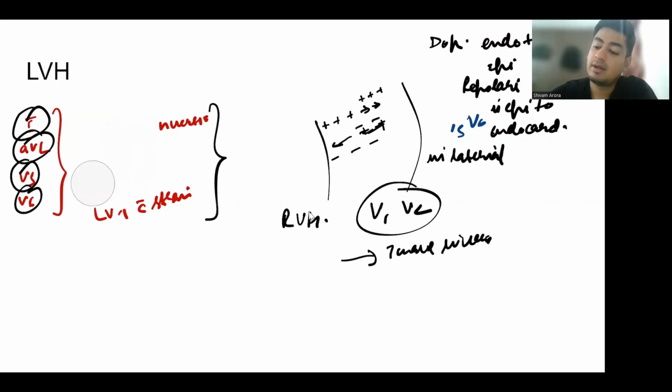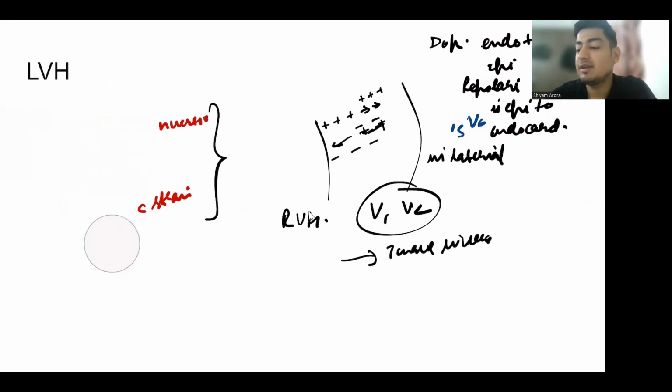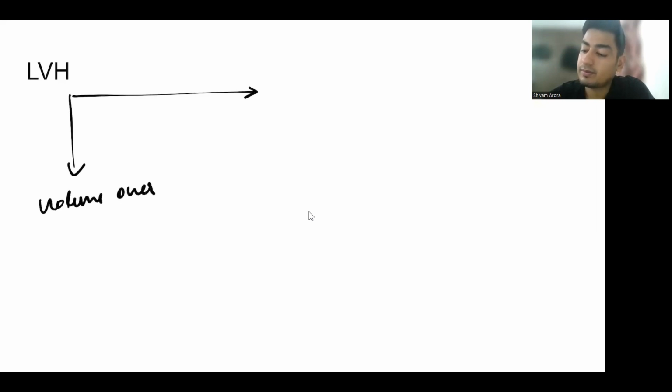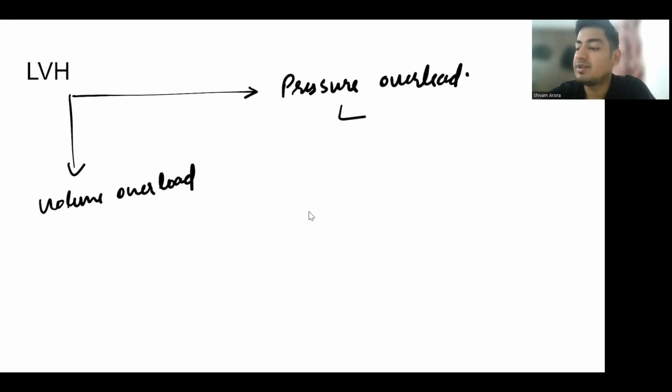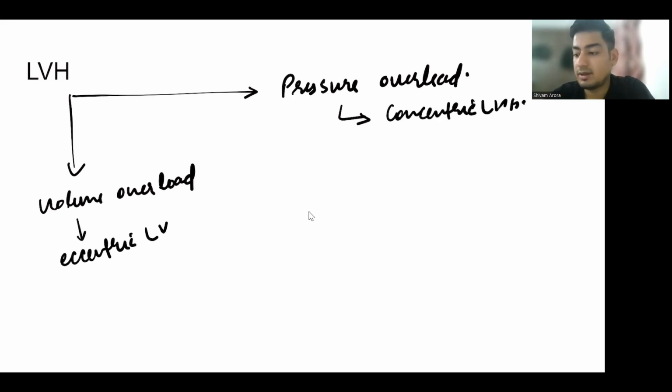Okay. Now, these T-wave inversions will not be there in volume overload type of LVH. Okay. So we have two types of LVH. One is volume overload, one is pressure. Pressure overload LVH is also known as concentric LVH. Volume overload LVH is also known as eccentric LVH. Okay.